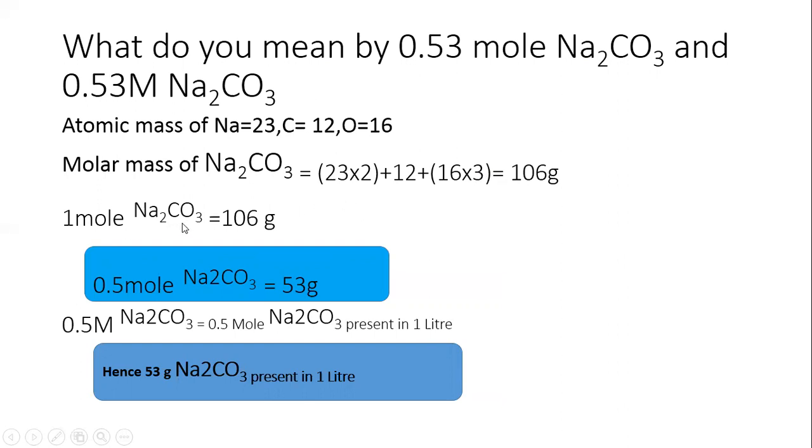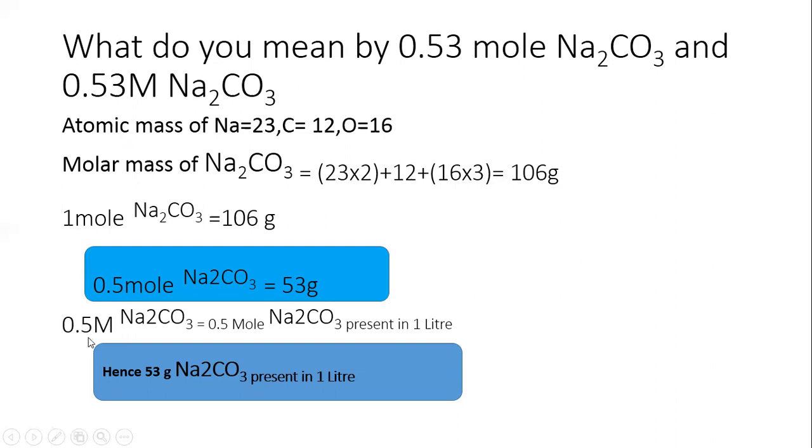So 1 mole of Na2CO3 equal to 106 gram. Hence, the 0.5 mole Na2CO3 equal to just half कर देंगे तो 53 gram. तो यहाँ मीनिंग होता है कि 0.53 मोल Na2CO3 means 53 gram Na2CO3.